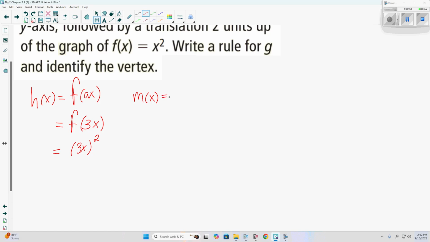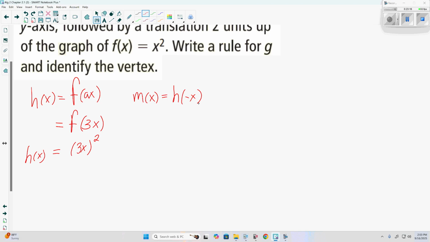Next is a reflection across the y-axis. A reflection across the y-axis would be f of negative x. In our case, it'd be h of negative x. So to apply that reflection, we replace every x in h of x with negative x.